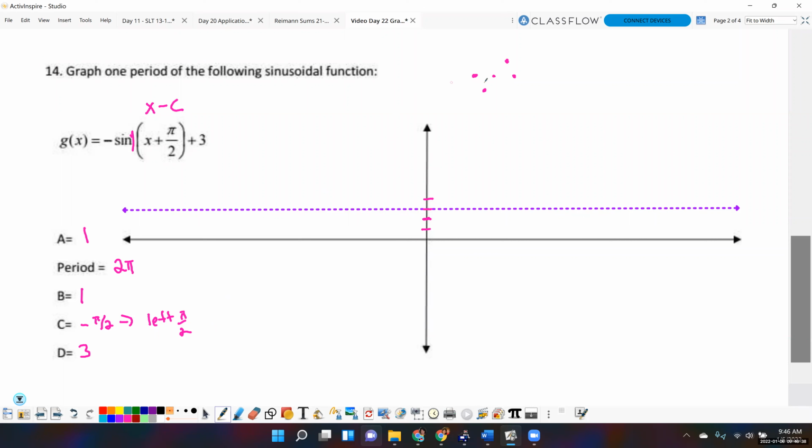Period hasn't changed, but it's going to go left pi over 2. Now, because my regular scale marks count 0, pi over 2, pi, 3 pi over 2, 2 pi, and I'm moving to the left in the same fractional unit, here's negative pi over 2, center. 0 will be bottom.